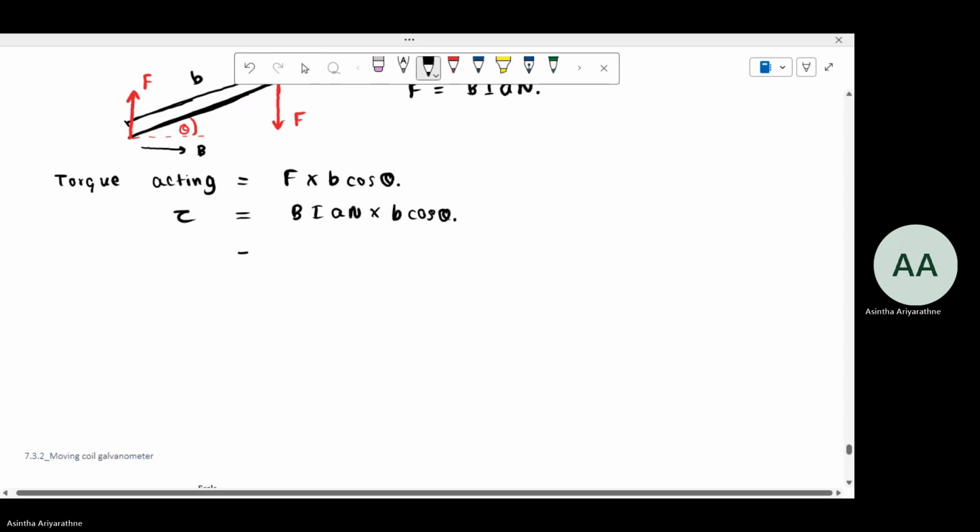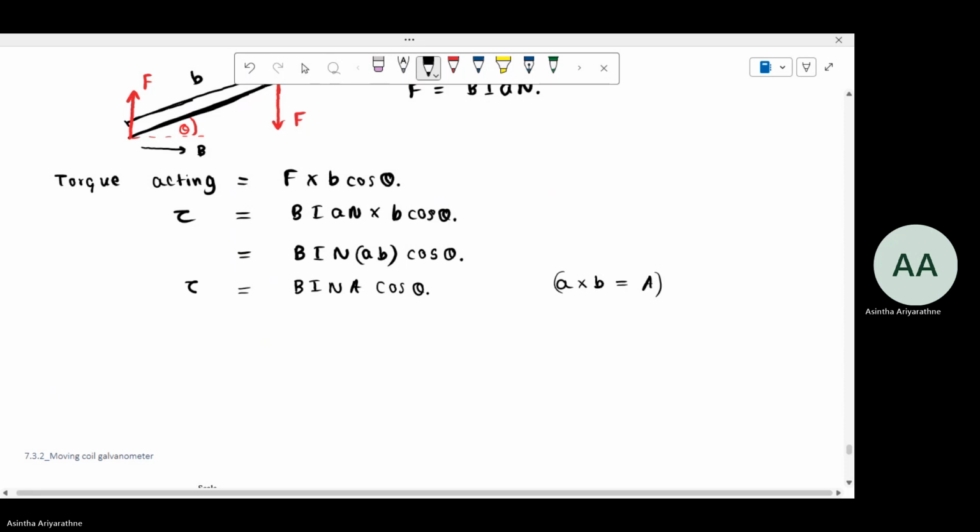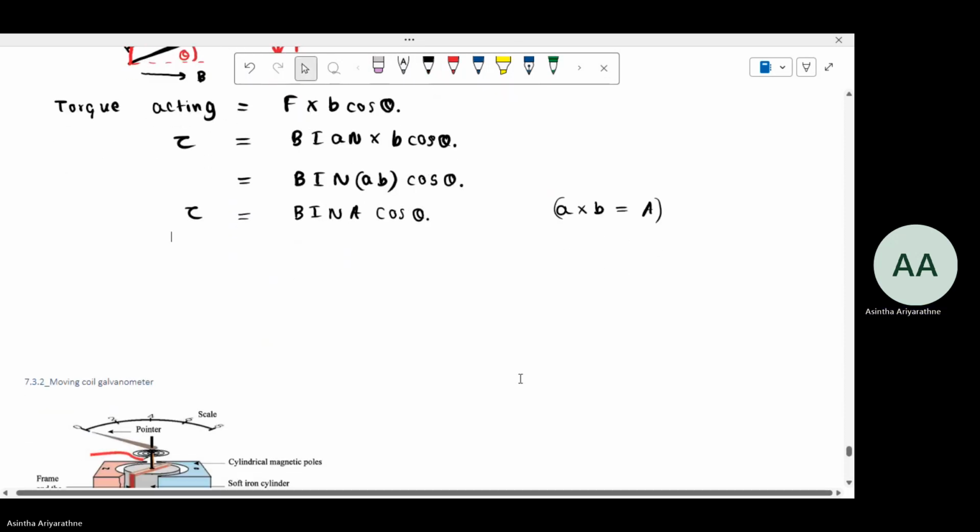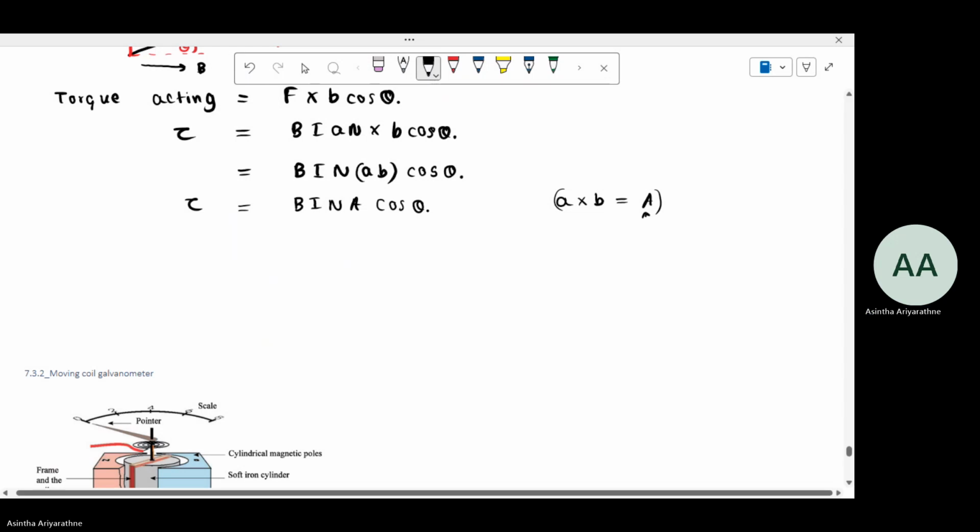Torque is B I A N cos theta. Here, A is the cross-sectional area within the loop, the area of the loop.